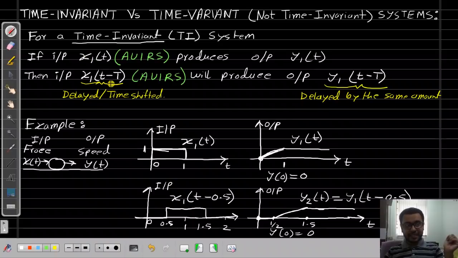If input is delayed, output is also delayed.